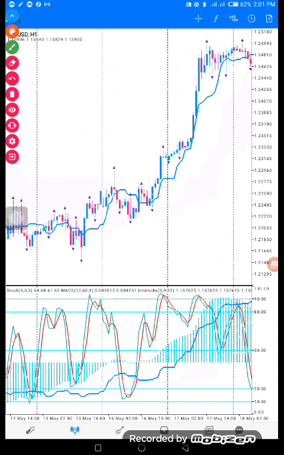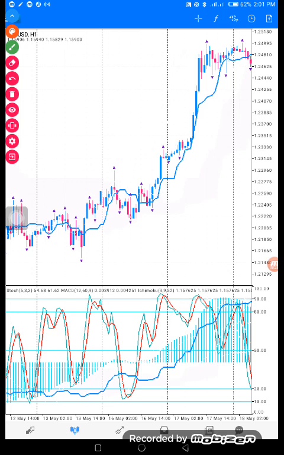So, like I said, you're looking for a stochastic crossover when your Ichimoku is in the oversold or overbought area, depending on where the Ichimoku is lined up. The Ichimoku line shows you where the momentum and the market are, and it tells you the next move of the market.